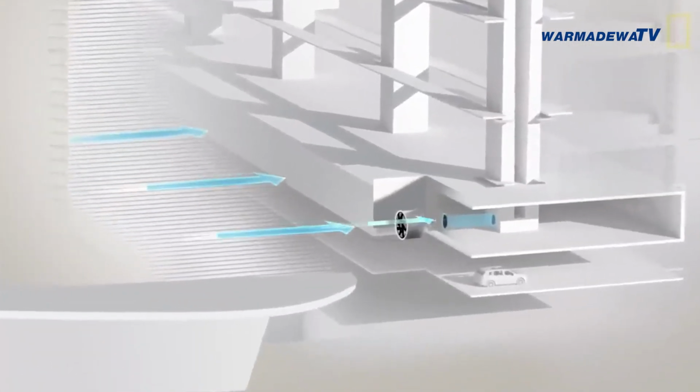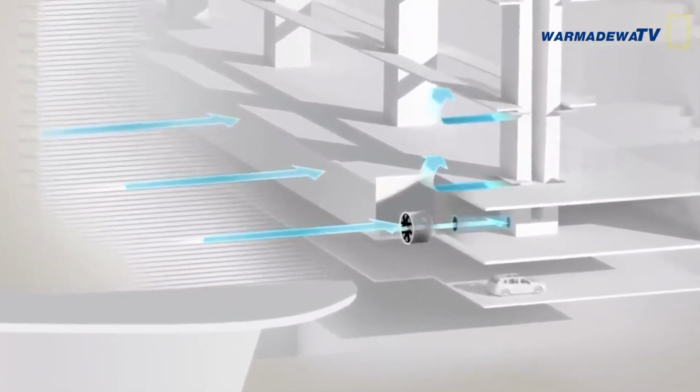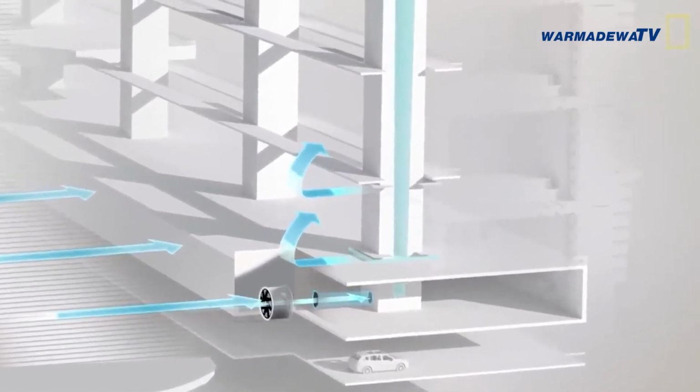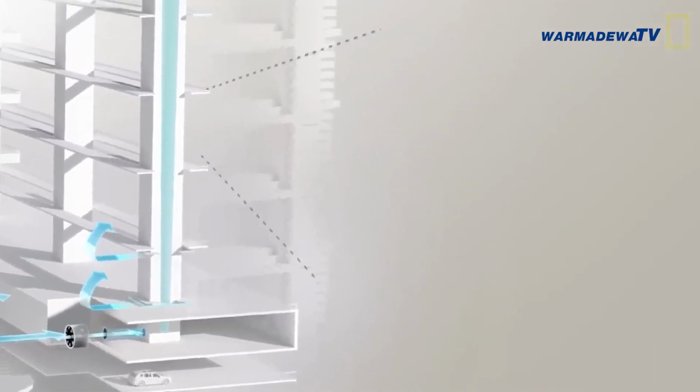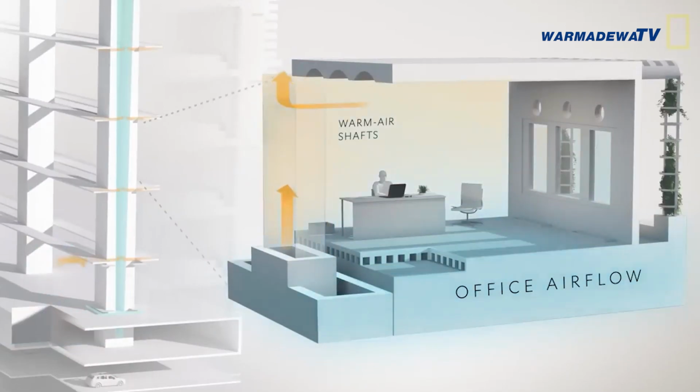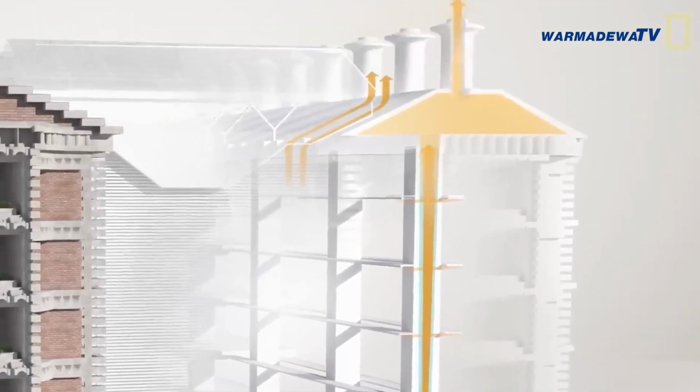Inside the building, low-power fans pull in cool night air from outside and disperse it throughout the 7 floors. The concrete blocks absorb the cold, insulating the building and chilling the circulating air. When the morning comes and temperatures rise, warm air is vented up through the ceiling and released by the chimneys.